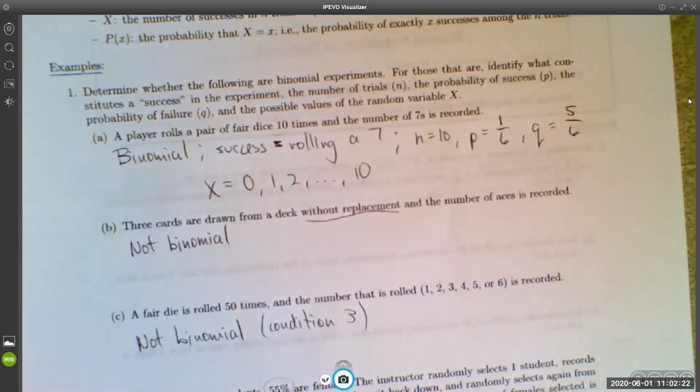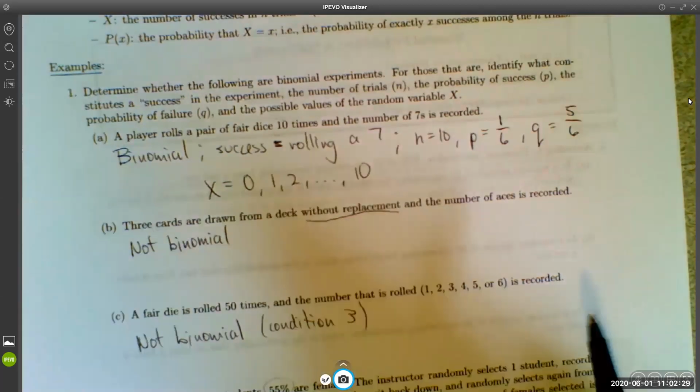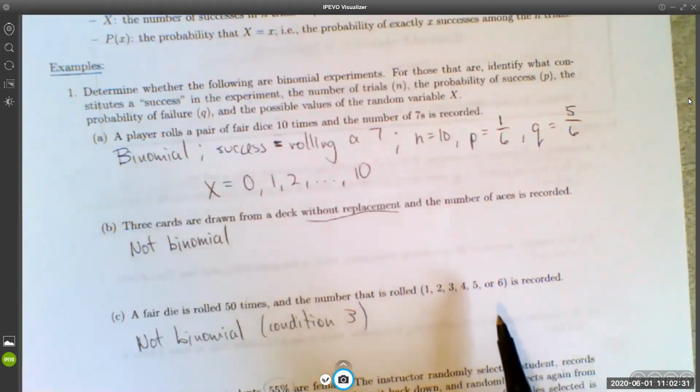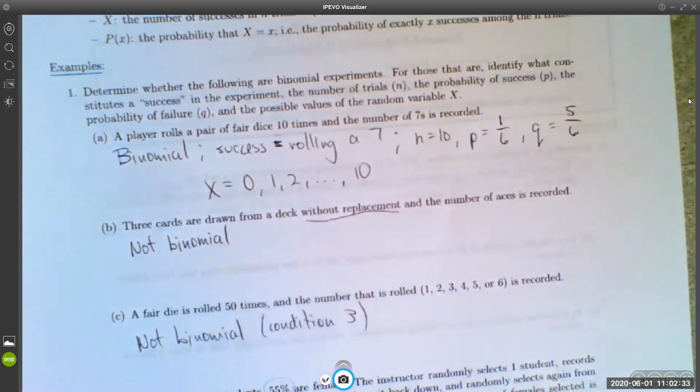Maybe you could say that if you roll an odd number, that's success. Then instead of recording the number that's rolled, you just record the number of times that you roll an odd number, and you let x be that number. Then x would be binomial. It doesn't have to be odd. You could define any kind of success you want.